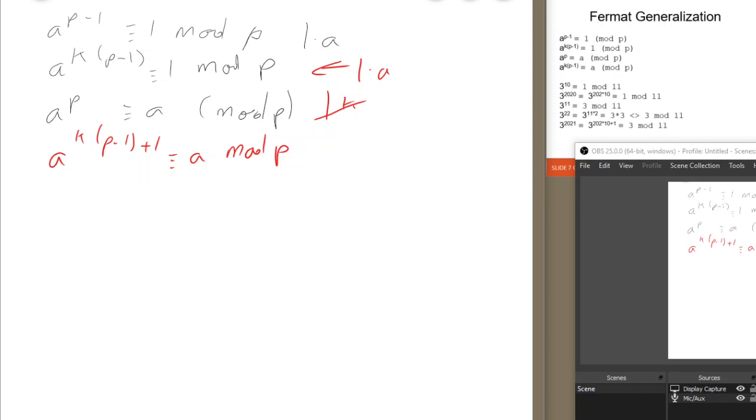Let's see a numerical example with 3 to the power 10 mod 11. We know that 11 is prime. We know that 3 to the power 10, which is 11 minus 1, is congruent to 1 mod 11.